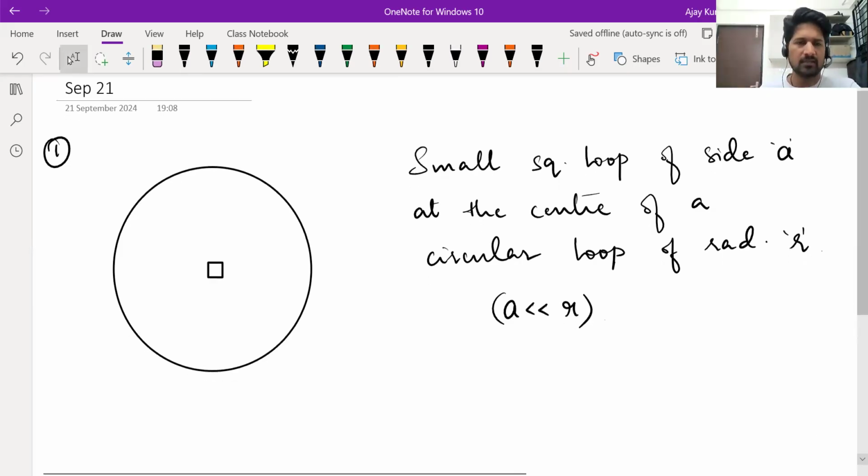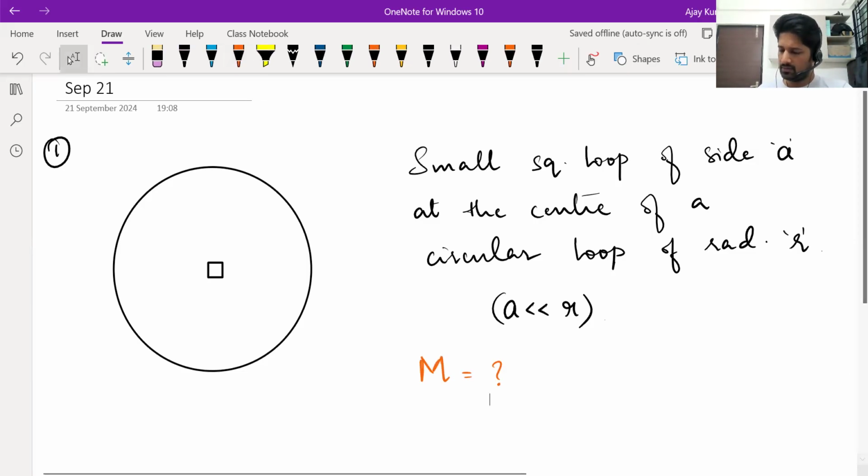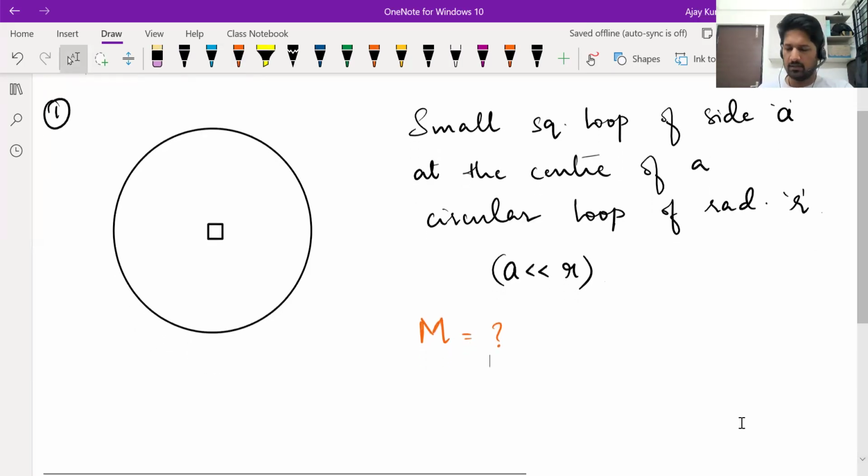The circular loop and the square loop are both in the same plane, the plane of your screen. Okay. So think about it and tell me in which of these loops you'll assume the current to be flowing and how you'll find out the flux in the other loop.